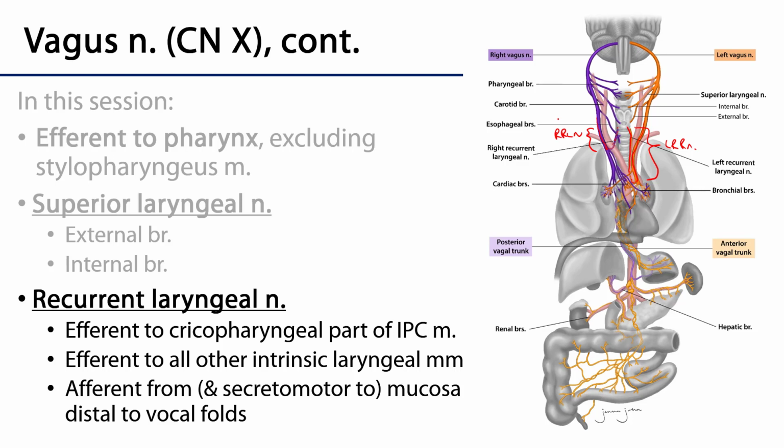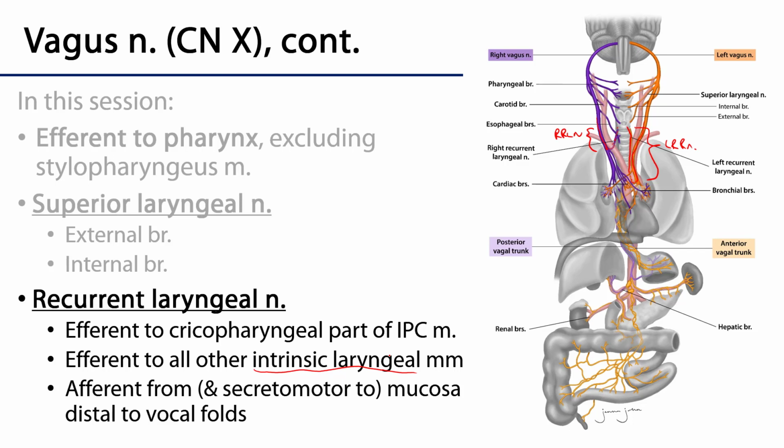Well, these recurrent laryngeal nerves are very important innervators for the larynx. In particular, nearly every intrinsic laryngeal muscle, the exception here is the cricothyroid, is going to be efferently innervated by the recurrent laryngeal nerve.